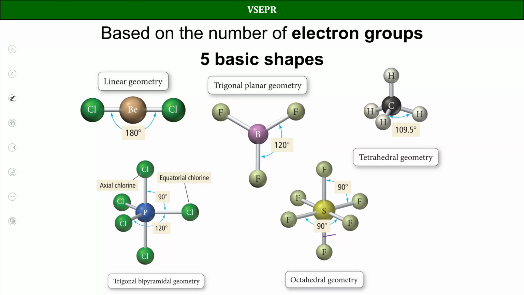And if we have more than 8 valence electrons, you can start getting more complicated shapes. And they're not actually that much more complicated. They look more complicated, but they're basically just a combination of the shapes above them. If you have 5 electron domains, it makes a shape called a trigonal bipyramidal.